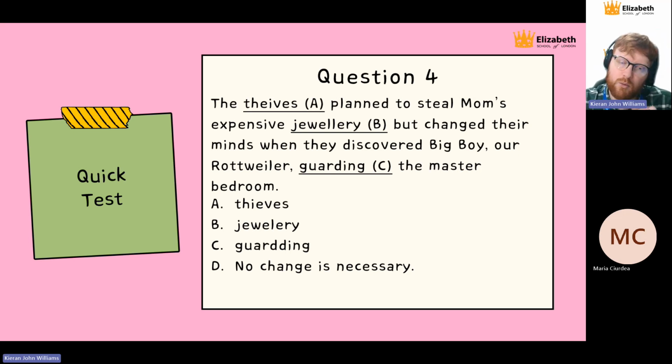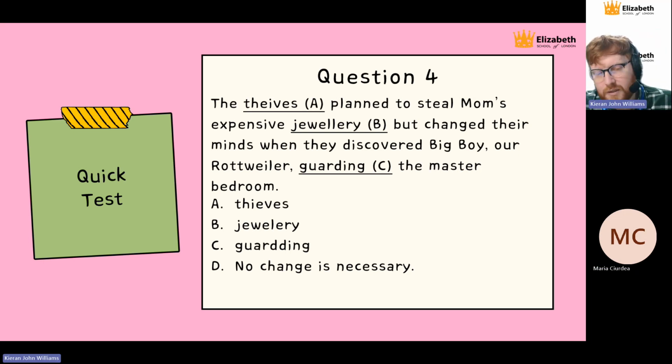Okay, so in this one, do we need to change A, B, or C, or do we change nothing? Maybe the B will be the correct answer.